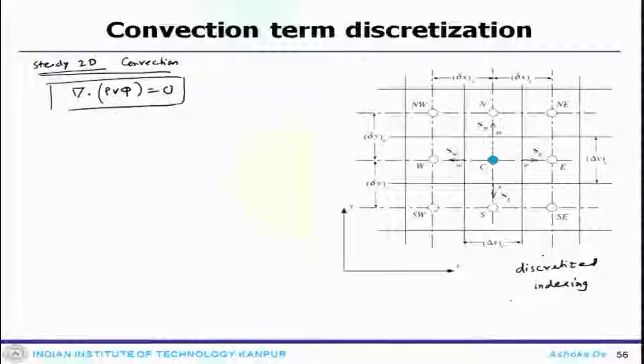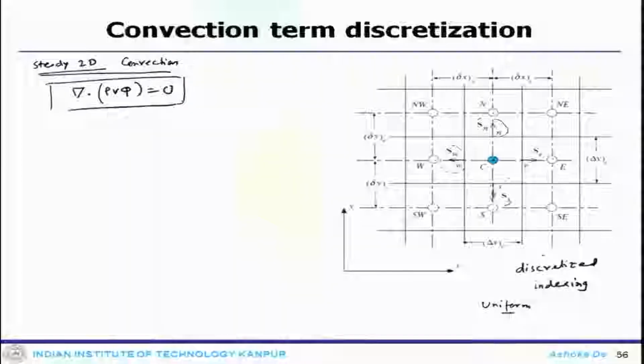Here again the grid is uniform, and the cell we are interested in is the middle cell C. Then you have the upstream cell E, downstream W, north N, south S, and the surrounding faces: the east face with its surface vector, the north face with its surface vector, the west face and the south face.